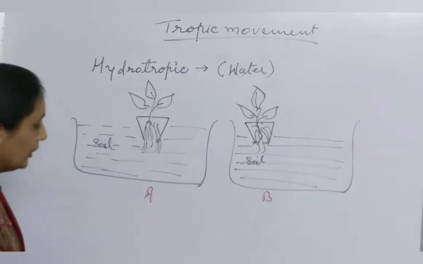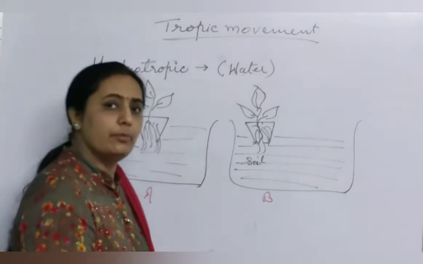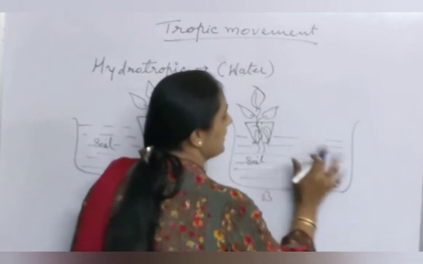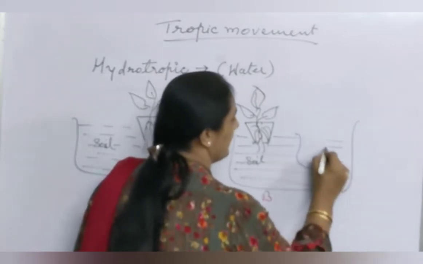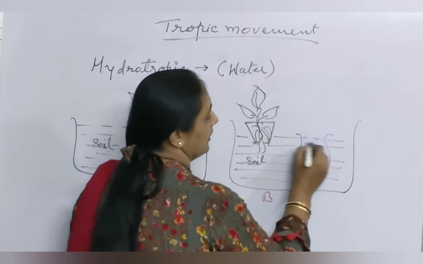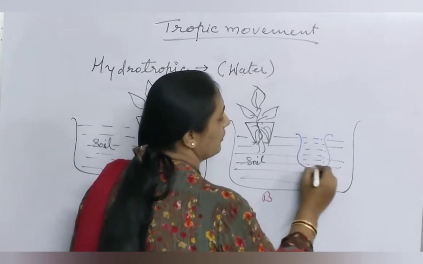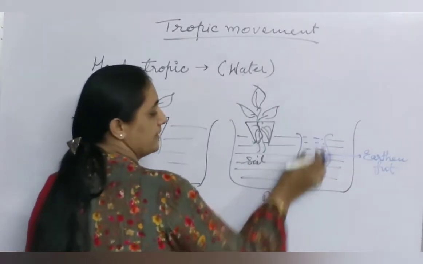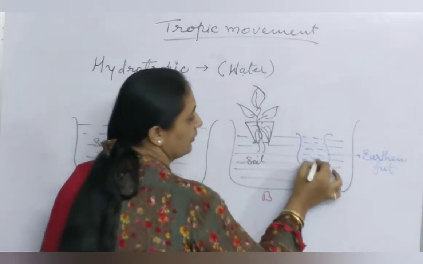Now do one thing. In tub B, place an earthen pot. Fill this earthen pot with water.